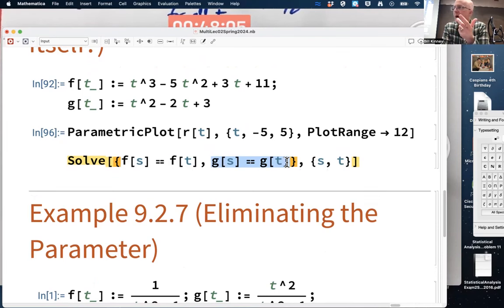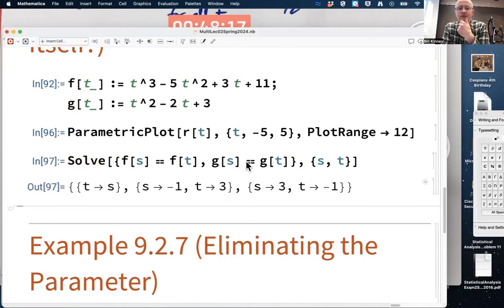This is a system of equations in two unknowns, two equations, two unknowns. Nonlinear equations, these are nonlinear functions. In general, such systems are difficult to solve. But in this one, it's possible. Ignore this one. You're getting s is -1 and t is 3, or s is 3 and t is -1.